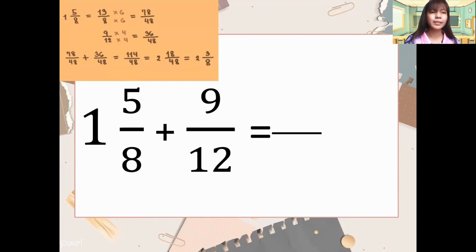So 8 times 1, 8, plus 5, 13. Then copy 8. Alright? Understand?